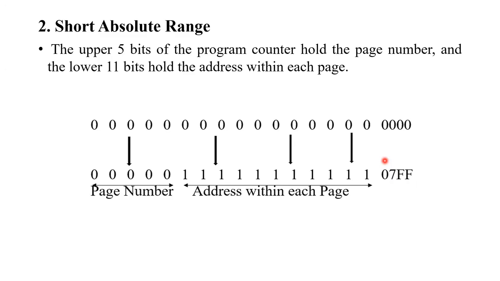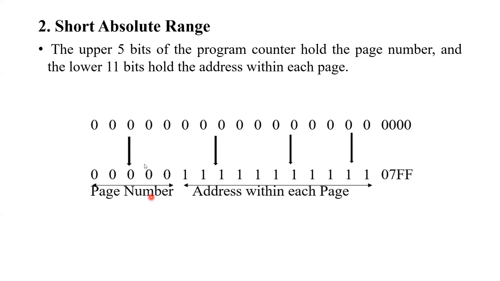The collection of pages is nothing but 200 pages. Similarly, we have 2 kilobyte pages, 32 of them, and the collection of that is nothing but the 64 kilobytes of program memory we have.